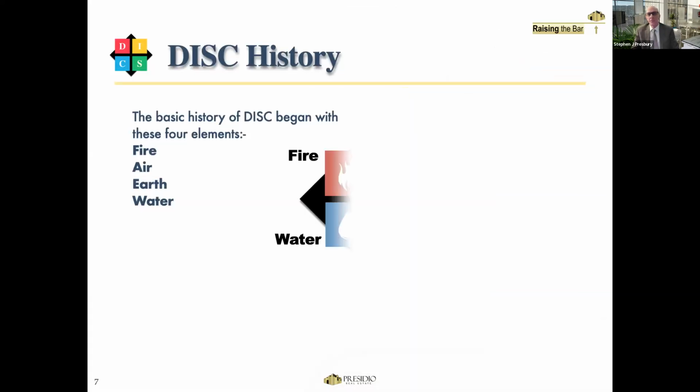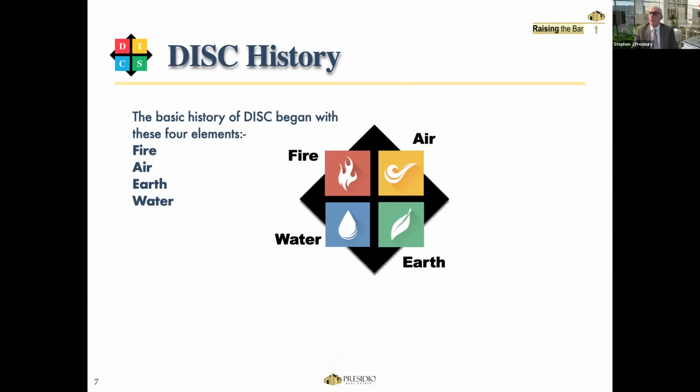You probably may have seen these icons in some of your study in school or other areas of learning. The fire, air, water, and earth. These are kind of like the first 4 elements that philosophy started to work with as they worked on personality styles of people.